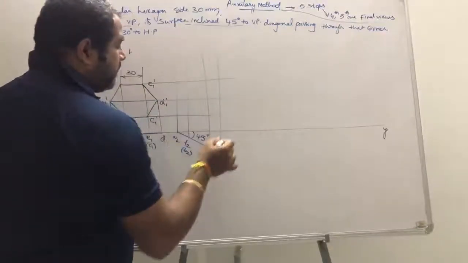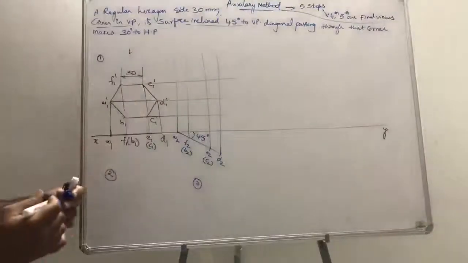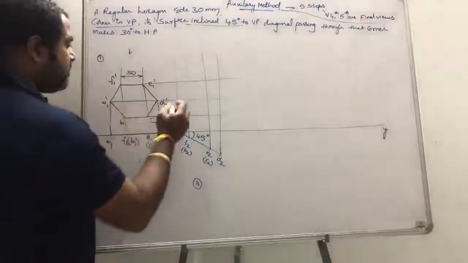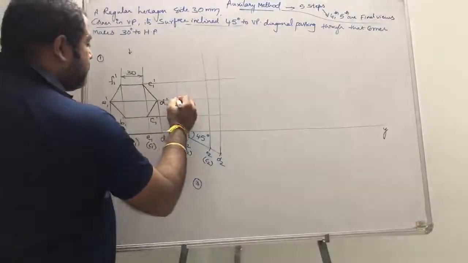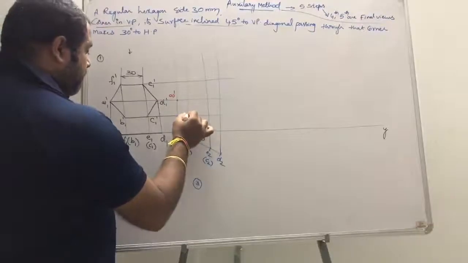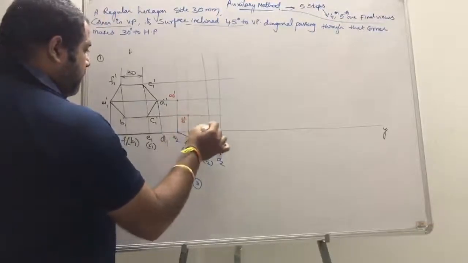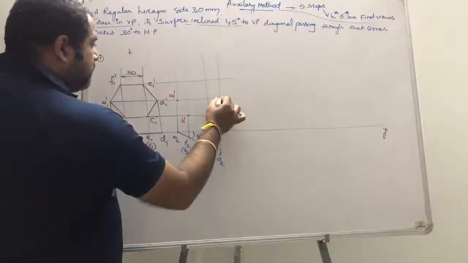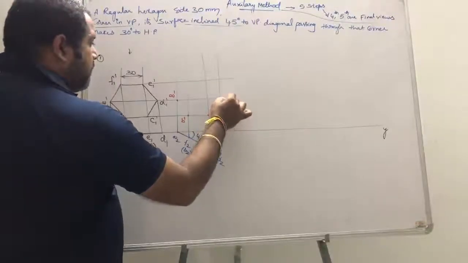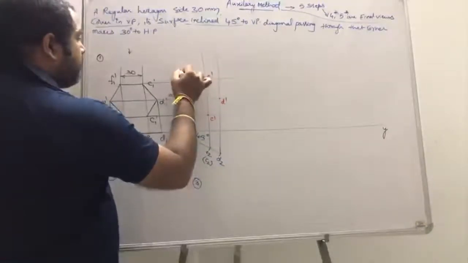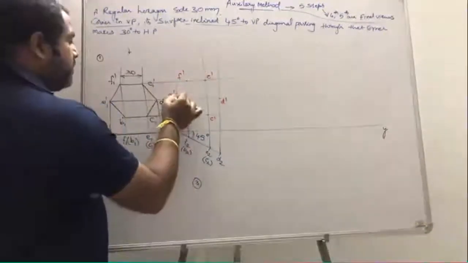Now mark the intersection points. So this becomes A dash, B dash, C dash, D dash, E dash, F dash. Now join all the points.